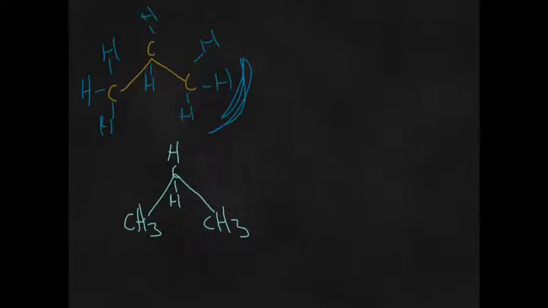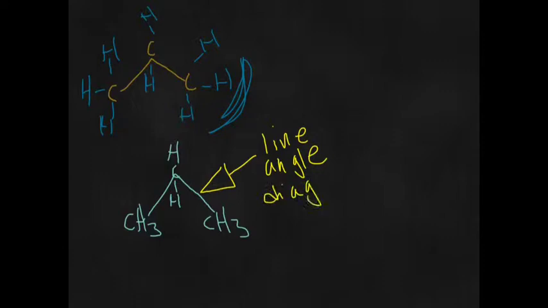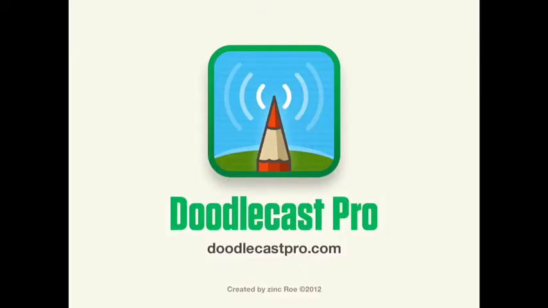By the way, this part right here is called a line angle diagram. And you'll see them a lot in organic chemistry going further on.